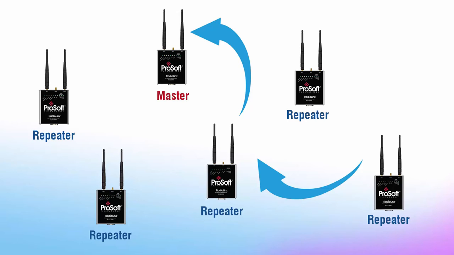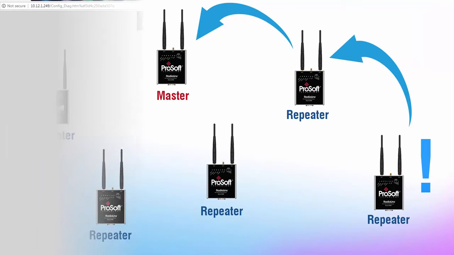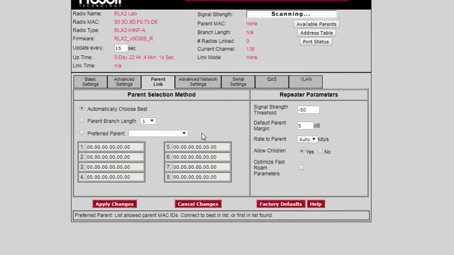If data is being transmitted as the link switches over, it's possible to lose some data. You can specify what radios you want to link together under the preferred parent settings on the web configuration page. Also, link time will show how long a repeater has maintained the link to its current parent.